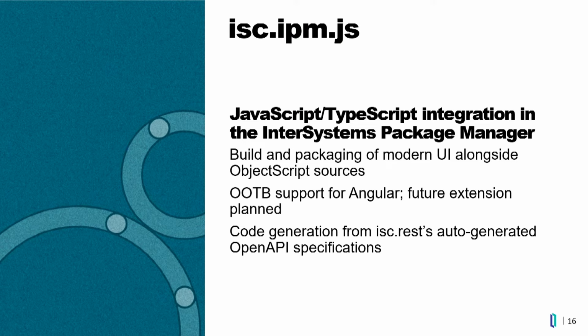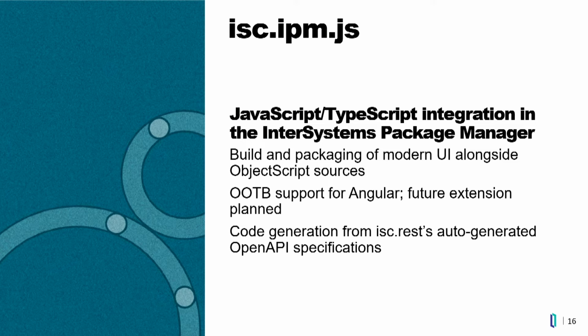So within InterSystems, we've really heavily adopted and decided on Angular. So really what we want to be able to do is build and package our Angular UI similarly to how we do our ObjectScript sources, just to keep things simple.